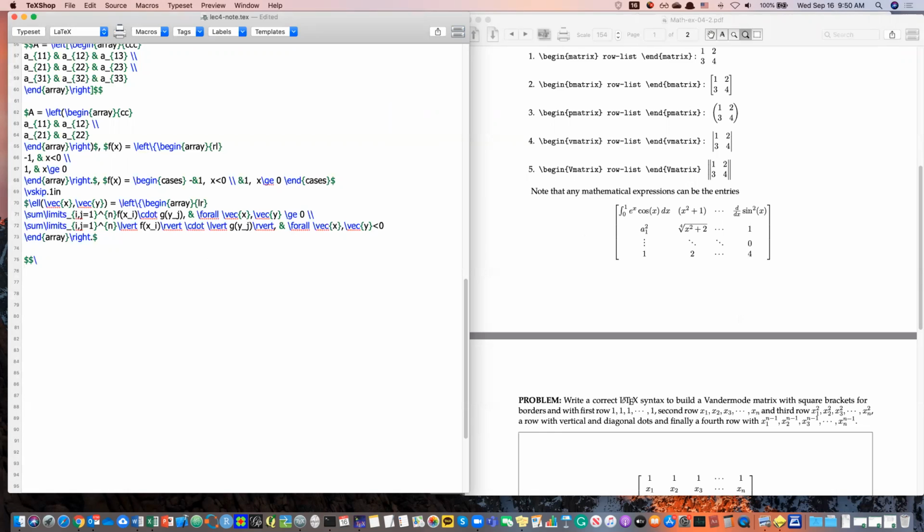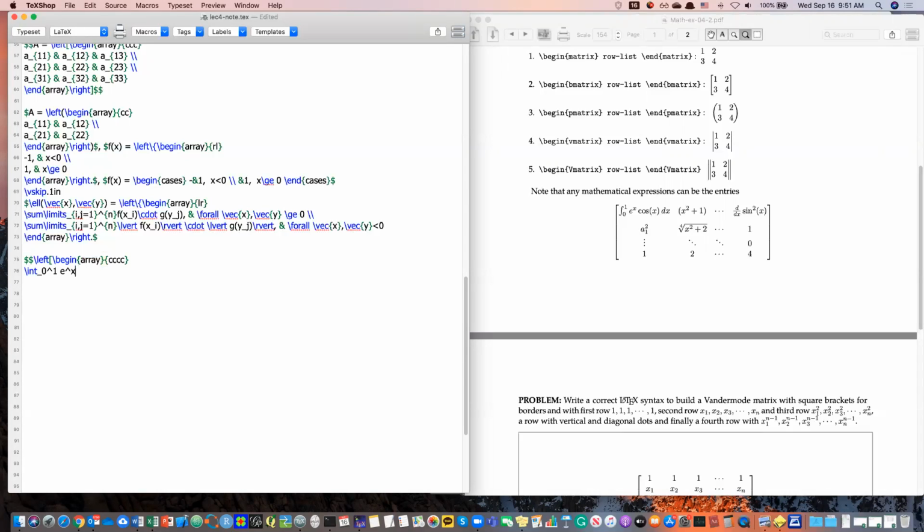So left bracket and then begin array, and then how many columns? 1, 2, 3, 4, right? Now the integral symbol is int, the subscript 0 and the superscript 1. For e to the x, cosine, sine, any trigonometric functions, the log functions, I mean, the log-like functions, don't just write cos.